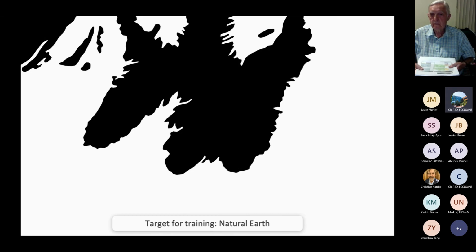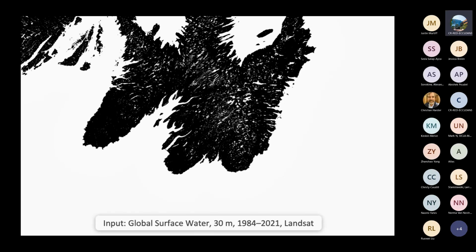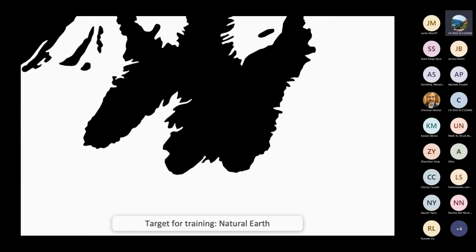So he used global surface water and other sources to delineate the coastline here. He did this manually in Illustrator in a long process. So we are training our neural network using this global surface water dataset and Tom's Natural Earth dataset.